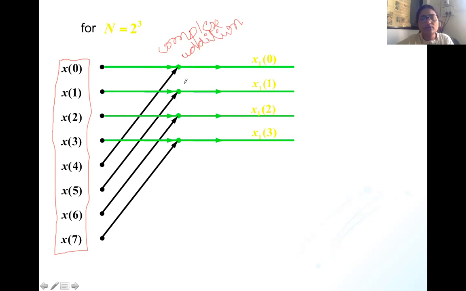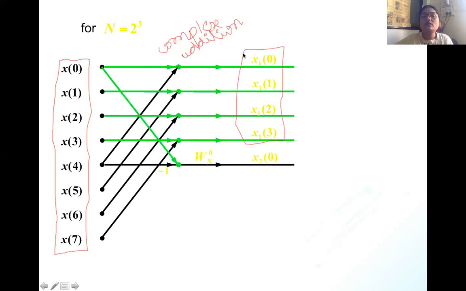Then x of 1 is added with x of 5, the second point. The third point takes x of 2 and x of 6. These two points are added, so we obtain the next point and the last point of the DFT computations. These are the even point DFTs, calculated by performing addition.